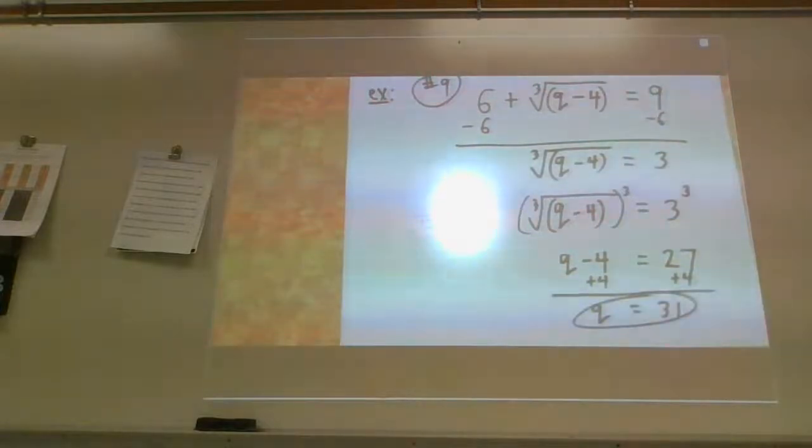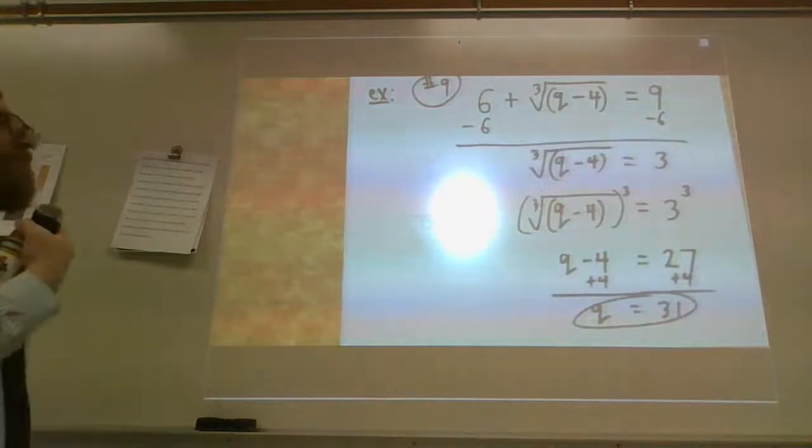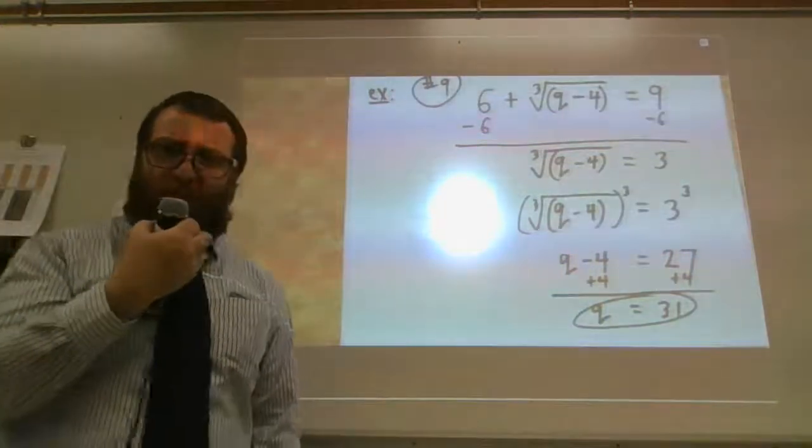And I get my answer of 31. Now I'm going to double check my answer in a moment to make sure that I'm correct. But this is the process that you would have to go through in order to get that variable by itself. It's wonderful.